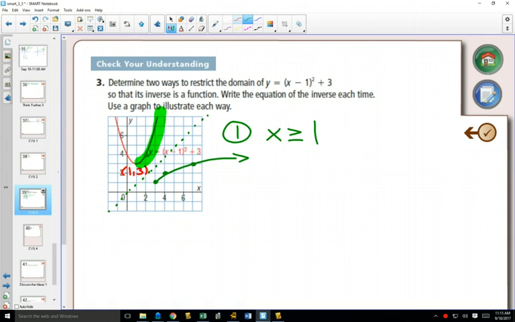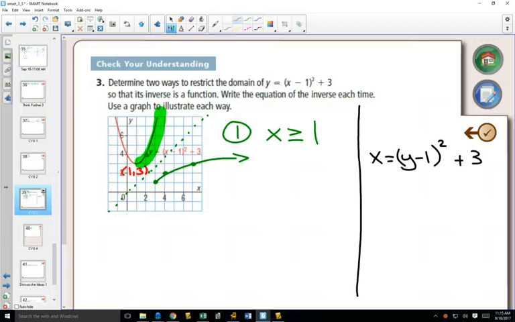Now it says we also want to find out the equation for that graph. So I'm going to do some work off to the side here. If we want to find an equation of an inverse algebraically, we've learned we switch the x and the y. So if I start with that, I would get x equals (y minus 1) squared plus 3.